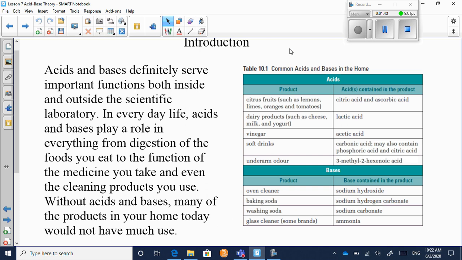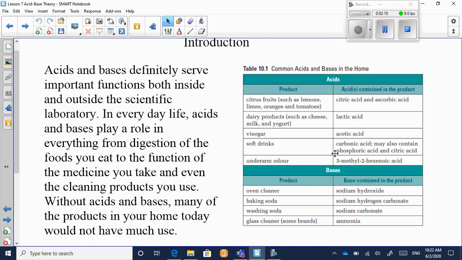I've given you this table here, just to show you that acids and bases are everywhere. They're in citrus fruits, that's citric acid and sorbic acid. In dairy products, lactic acid. Vinegar is essentially a dilute form of acetic acid. In soft drinks, we have carbonic acid.